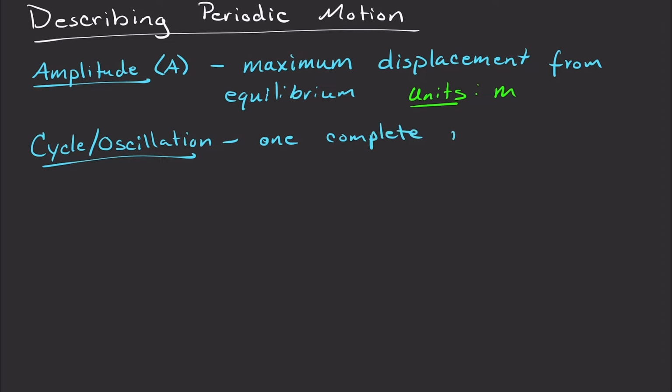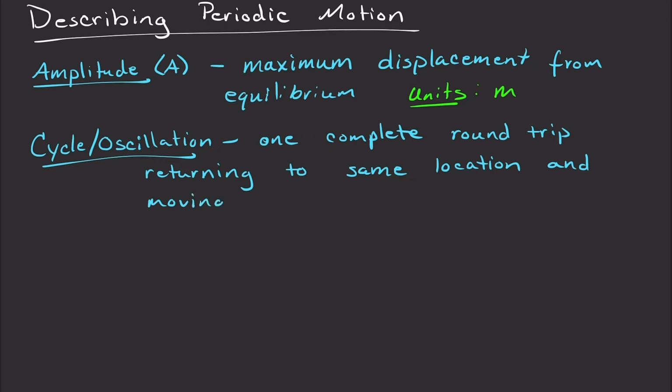So if you're repeating your motion over and over again, this is one complete round trip before you start over, where you return not only to the same location, but we'll see in a second that you also need to be moving in the same direction. Okay, so you may pass through the same location, but you haven't completed a full round trip yet until you're going in the same direction you were when you started. Okay, so the next quantity is period.